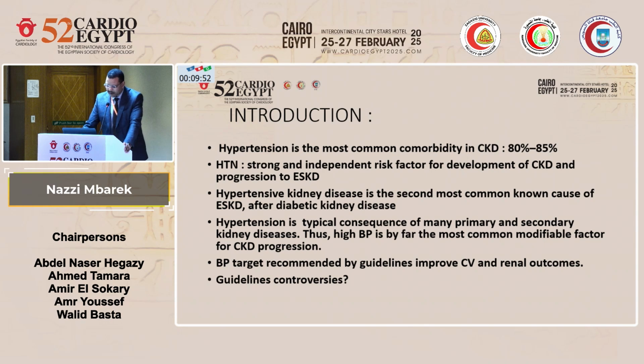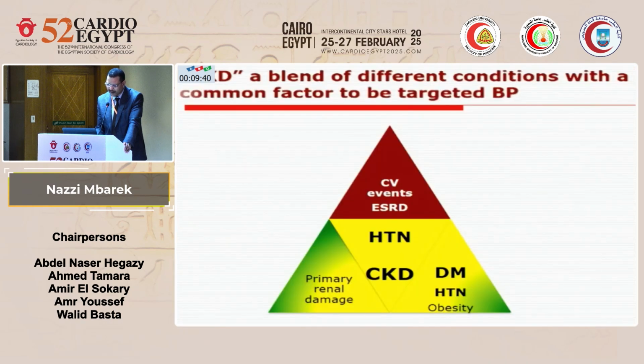Blood pressure targets recommended by guidelines greatly improve the cardiovascular risk and the renal outcomes, but some controversies remain in the guidelines, which we will see together. At the core of the pathophysiology of hypertension associated with chronic kidney disease, the common element is hypertension, which is in the center, as it is the cause for renal damage, for diabetes mellitus, and for obesity.